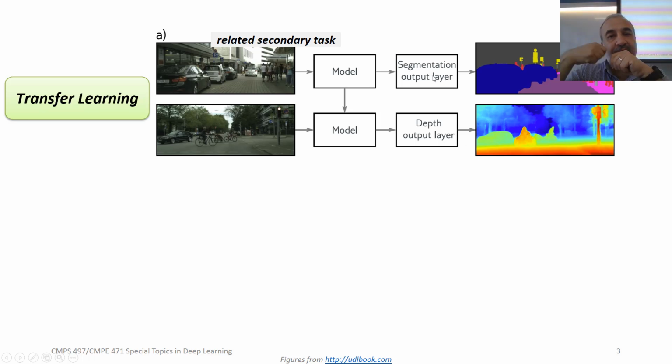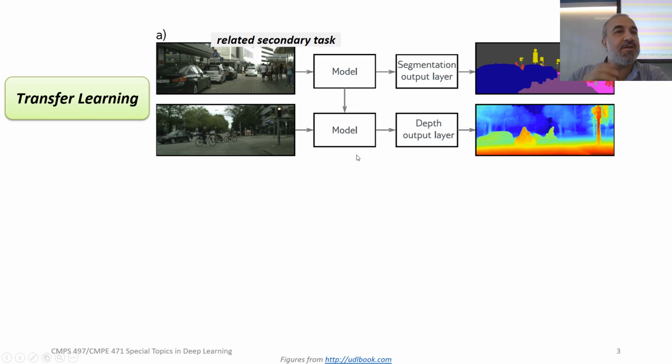So we get rid of the segmentation output layer, and we plug in another output layer for the depth task, or whatever the primary task is, and continue training the model. So this model that is already trained for the secondary task will be used in training for the second task.